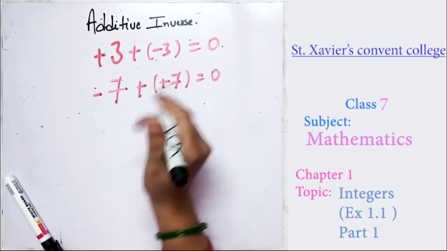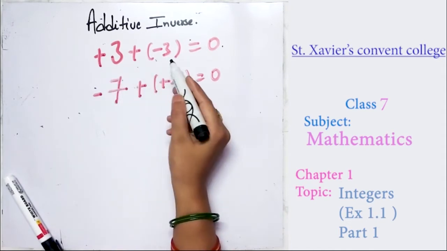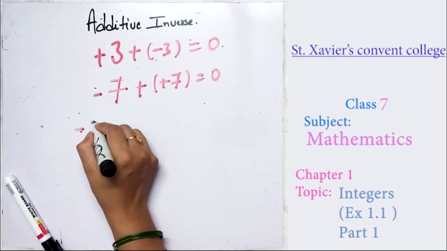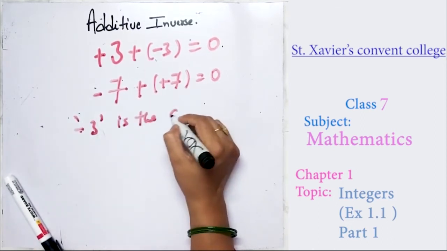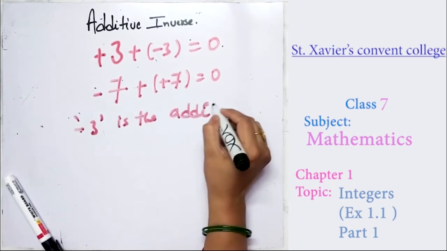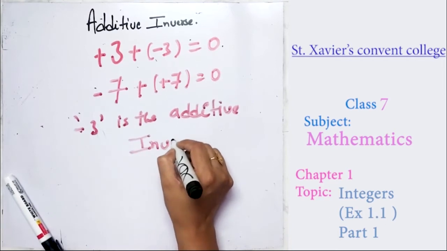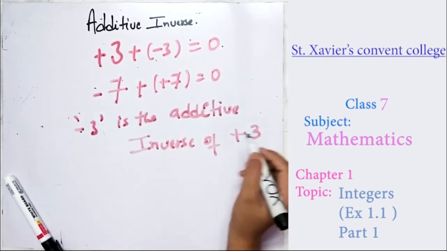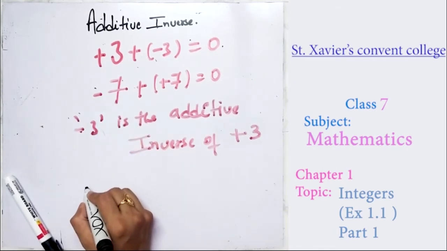It means, I gave you 3, and who is the additive inverse? Minus 3. So how are you going to write the answer? Minus 3 is the additive inverse of plus 3. Similarly, for minus 7, we write plus 7.